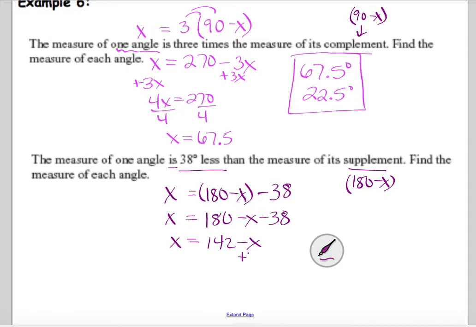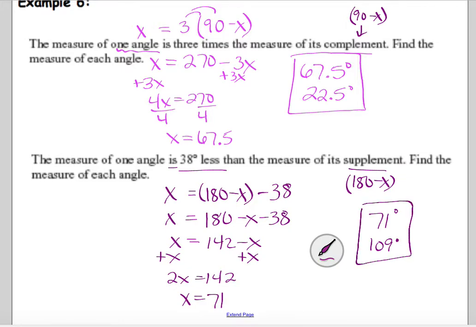We add x to each side to get our x's on the same side, which will be 2x equals 142, and divide by 2, and we see that x is 71. So one of our angles is 71, and then 180 minus 71 gives you 109 for the other angle because these were supplementary angles.